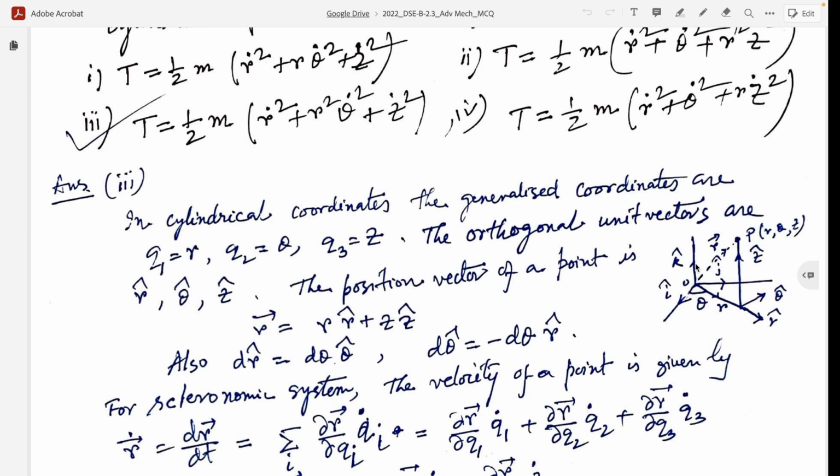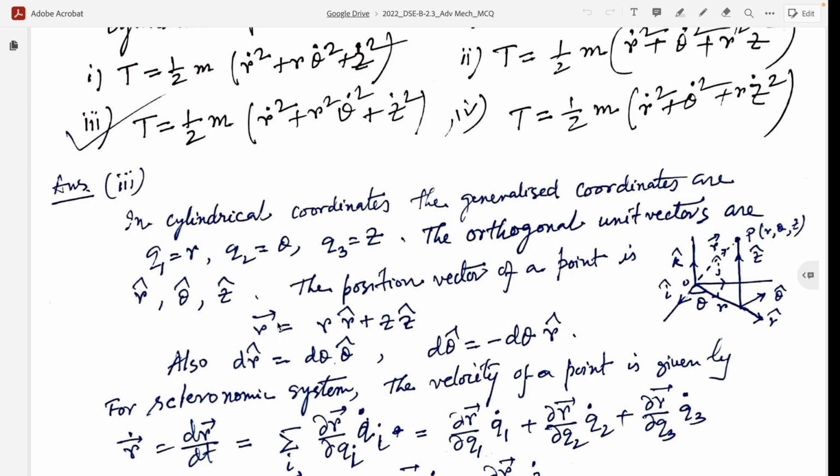So this is the coordinate system. This is the x-axis, this is the y-axis, the z-axis, and this is r in the direction of r. This is the angle theta, and this is the point P with coordinates r, theta, z. This distance, the vertical height, is z, this is the direction of theta cap, this is the direction of z cap, and this is the direction of r cap.